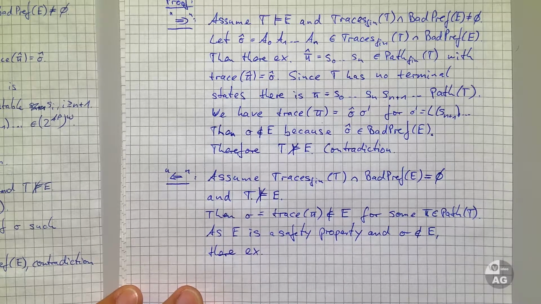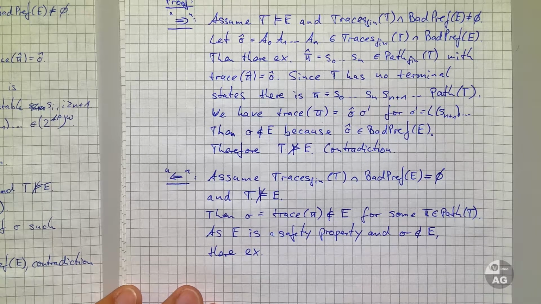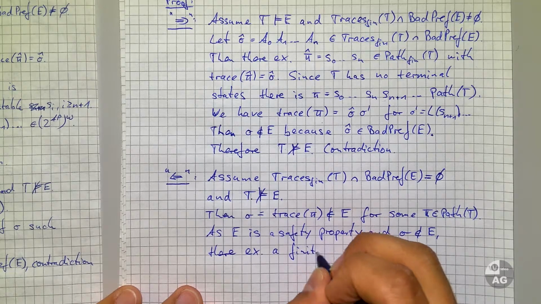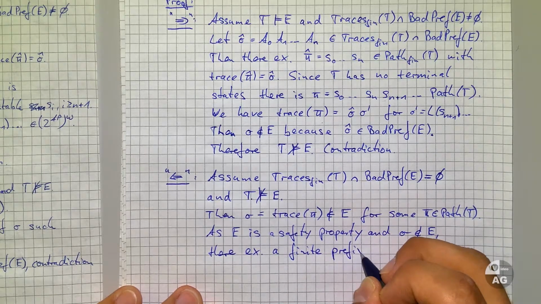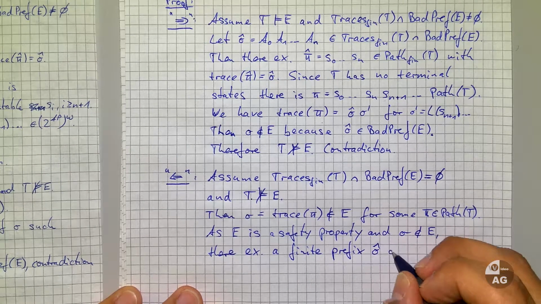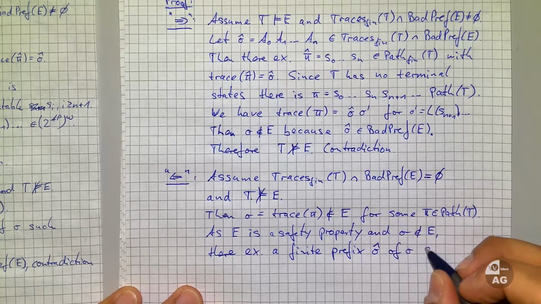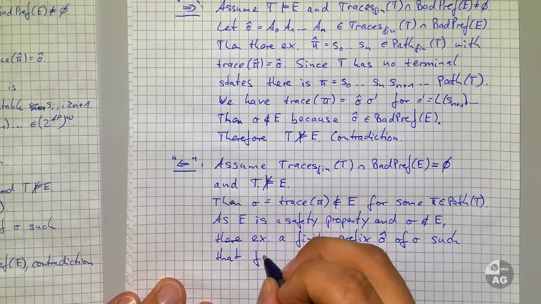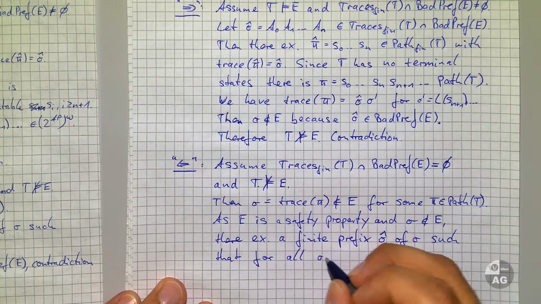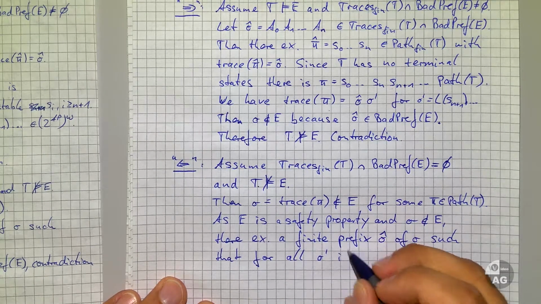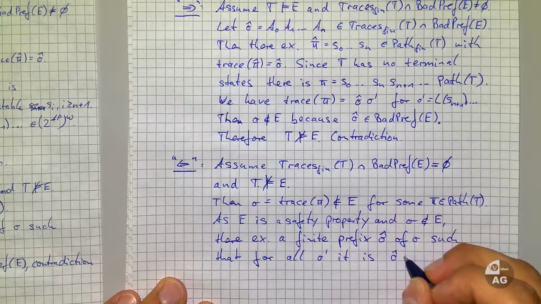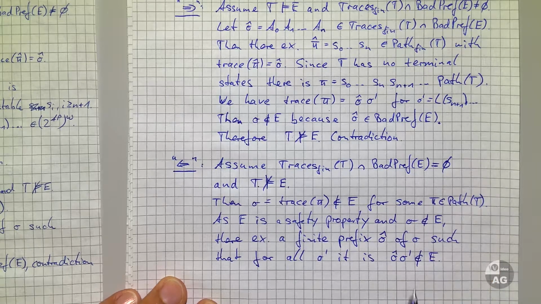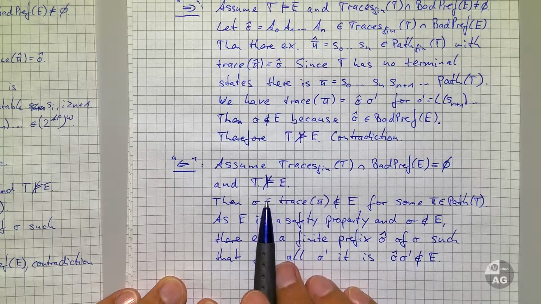By definition, there exists a finite prefix, sigma head, that I cannot extend to be in the property again. So for all sigma prime, sigma head, sigma prime is not contained in the property E. I mean, that's just applying the definition, really.